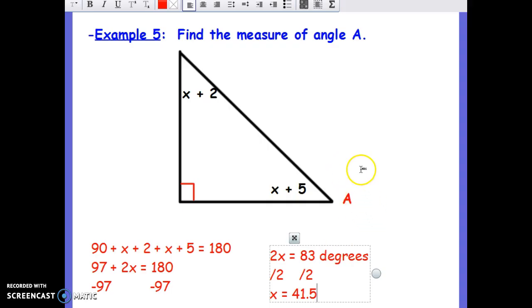Now, to figure out angle A, we have to add this together to 5. So we have 41 and 5/10 plus 5, and that's going to give us a measure of 46 and 1/2, or 46 and 5/10 degrees.